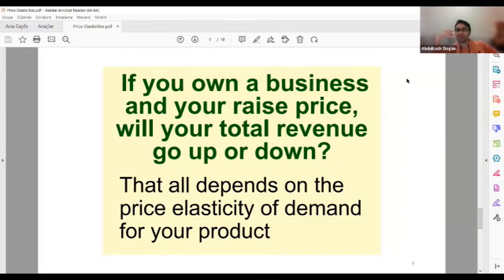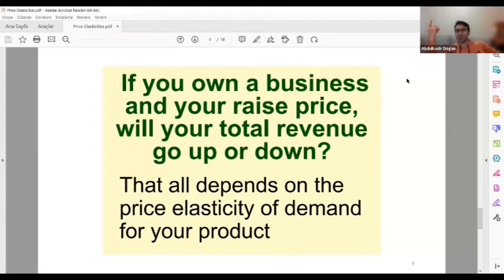Now a real world question for you, not theoretical. Please, everybody, read the question on the screen. I'm reading the question again for those who are just listening.